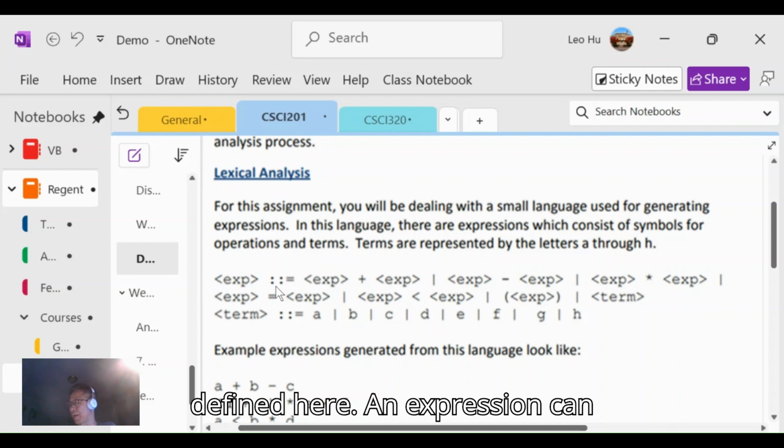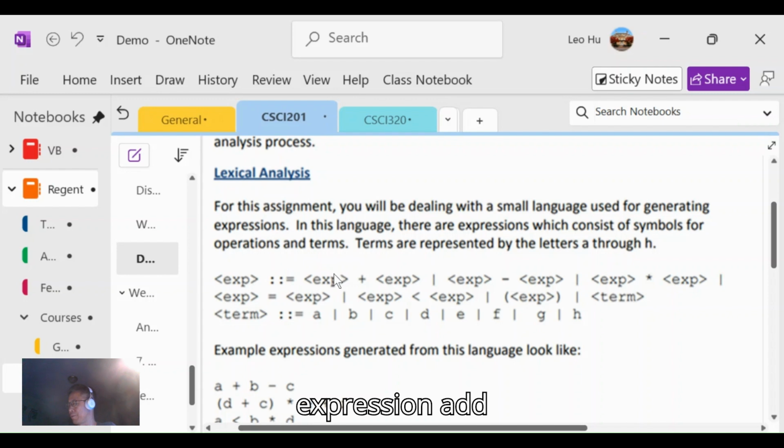An expression can be defined as an expression add another expression. So this is one definition. An expression can be defined as one expression add another expression. Or, this is not a part of the definition. It's just a mark to divide one definition of the expression from another.